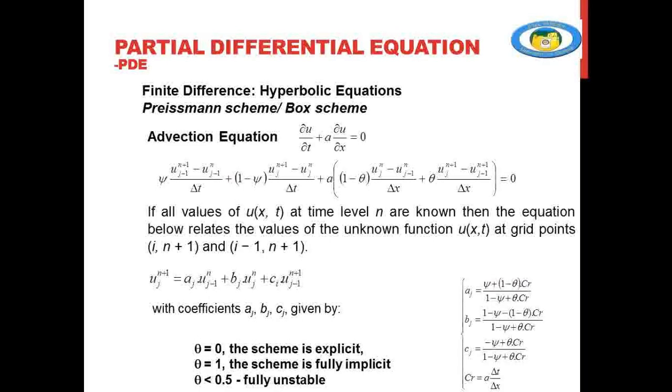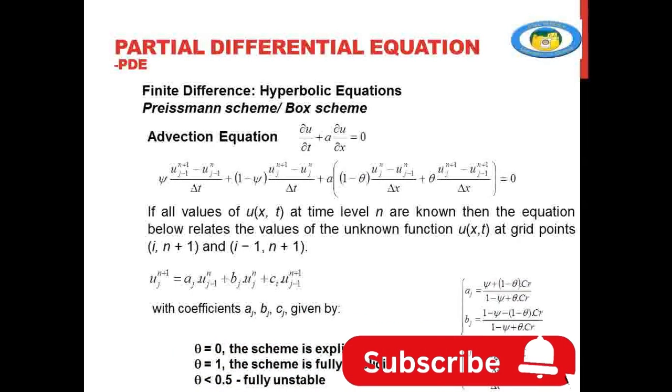So the scheme is explicit when theta is equal to 0. When theta is equal to 1, it's going to be fully implicit. If the value of theta is less than 0.5, it's going to be unstable for the Preissmann scheme. By the way, the Preissmann scheme is very widely used.